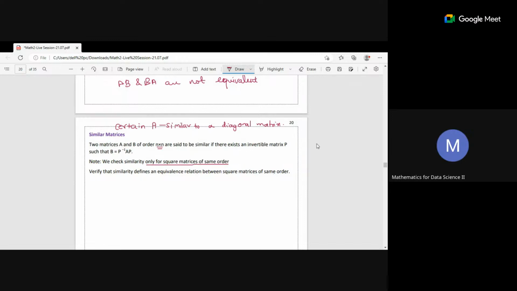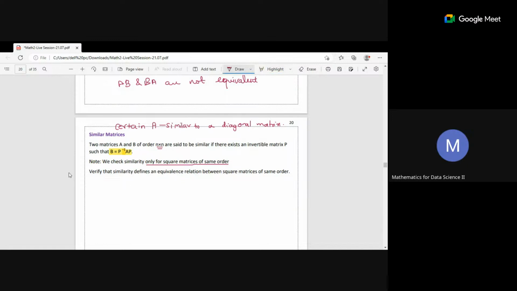And here instead of any other Q matrix, it is directly P inverse. So B is equal to P inverse AP. If we have this condition, then we call the two matrices A and B to be similar.